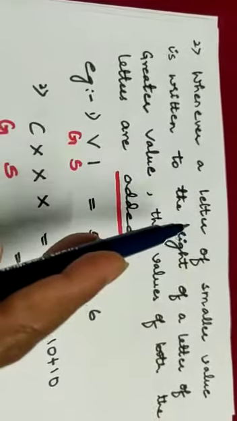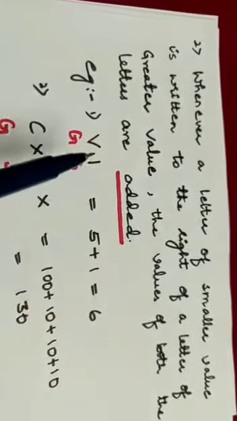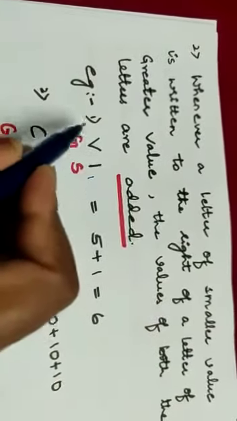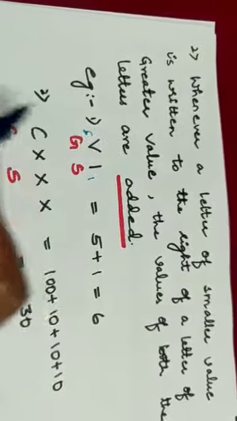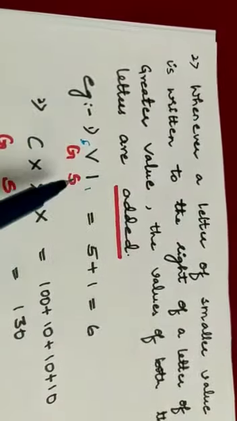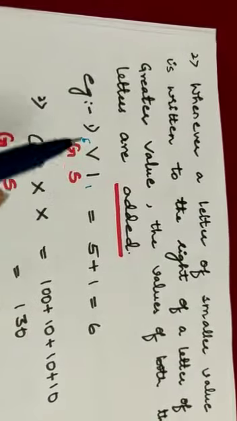So come back and observe the definition. Whenever a letter of smaller value, what is smaller in this? Which letter is smaller? I is smaller. I is 1, V is 5. Whenever a letter of smaller value is written to the right side of the letter of greater value. Can you see, children?